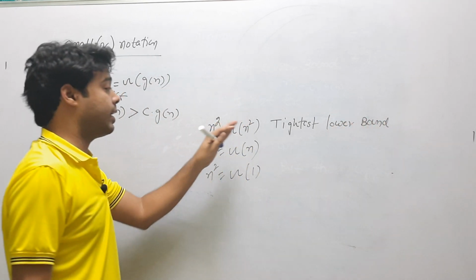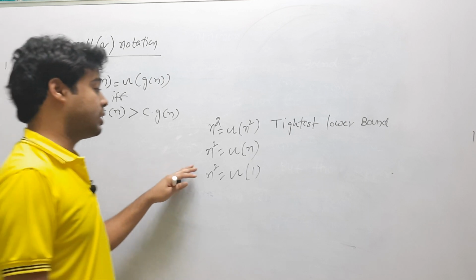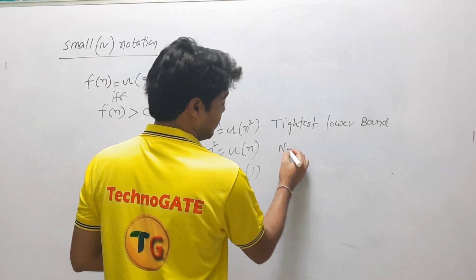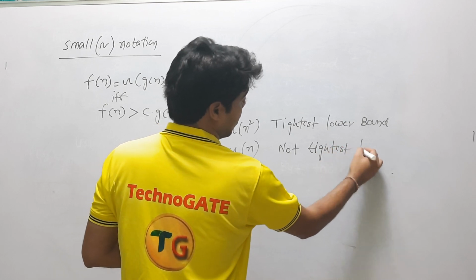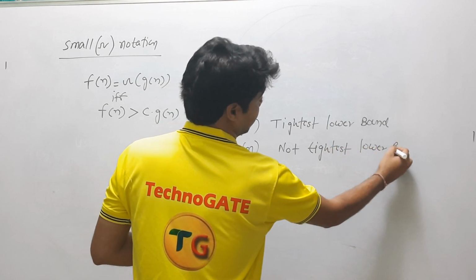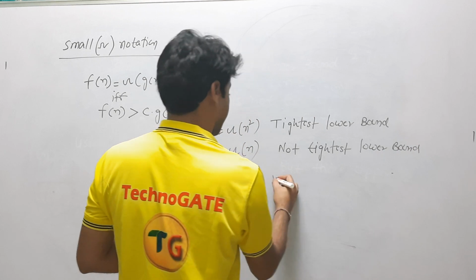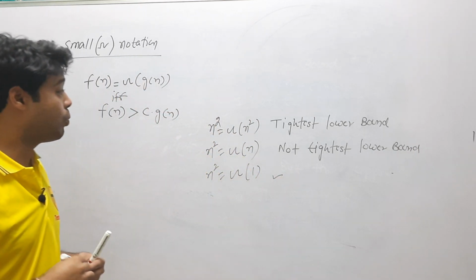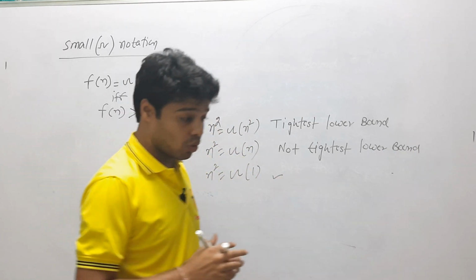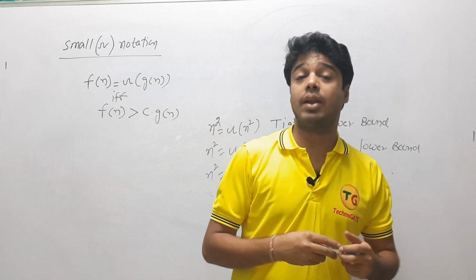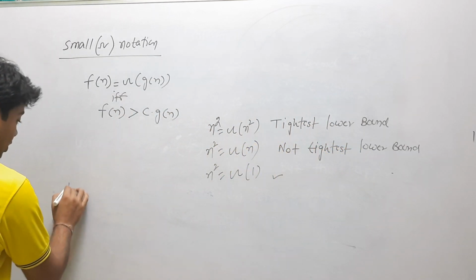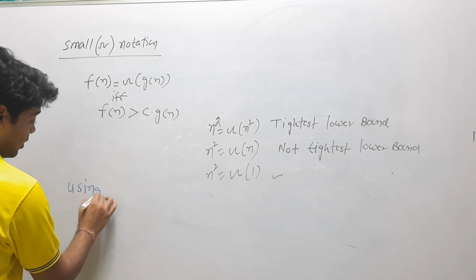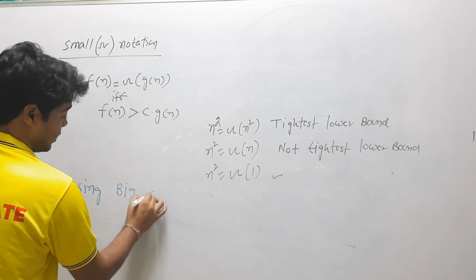Because the left hand side and right hand side are both equal here. And this other one is not a tightest lower bound. This one is also not the tightest. So through big omega notation we can find only a lower bound.